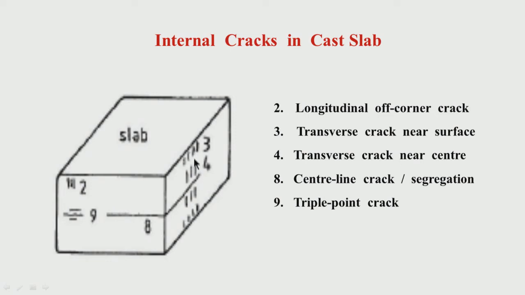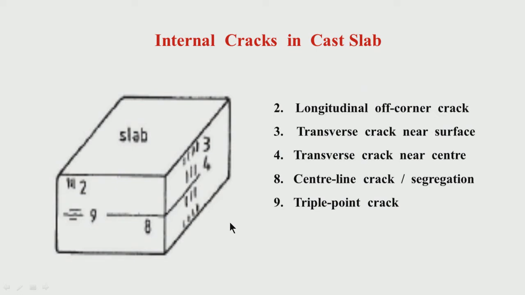So, transverse, these 3. Here again you have transverse cracks, but near the center. This was near the surface, near the center, and these are near the surface. So, depending on the location you are giving some nomenclature, and the generation of the cracks also will be helpful to understand how the cracks are formed, if you know whether it is transverse or longitudinal, and at what location, that is at what stage they are formed, whether it was during casting stage, solidification stage, or after solidification.